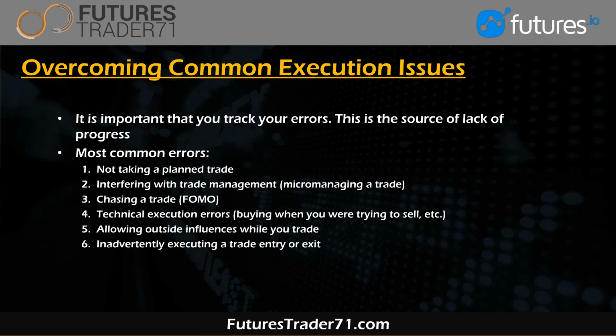You're micromanaging a trade. The market has done what you expect. You see a good opportunity to get short. It's backed up by your plan or whatever. You get short. Then the market gives you 2 ticks, then goes against you a point, 5, 6 ticks.